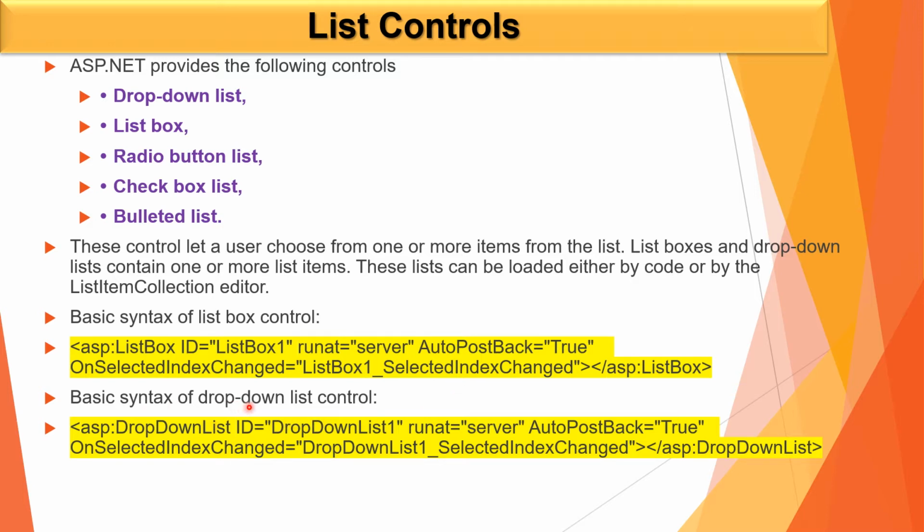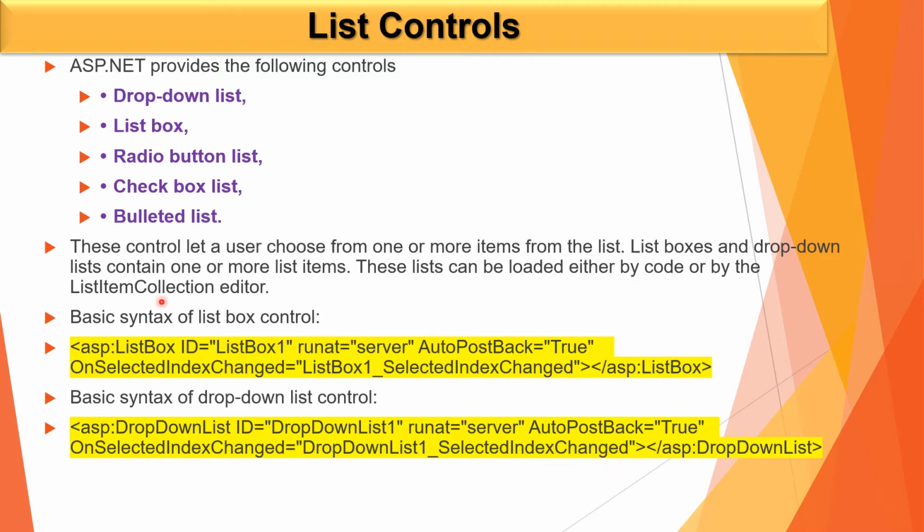Then next is the drop down list. The drop down list also has a basic syntax: <asp:DropDownList ID="DropDownList1" runat="server". The AutoPostBack property will be true, and OnSelectedIndexChanged will be DropDownList1_SelectedIndexChanged.